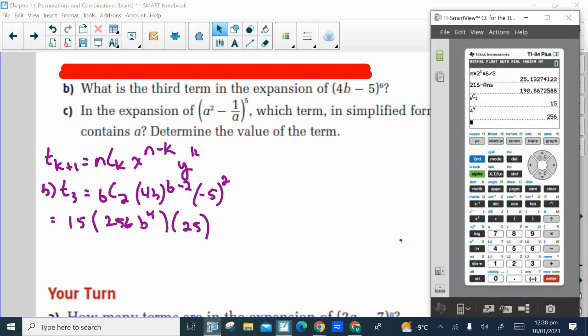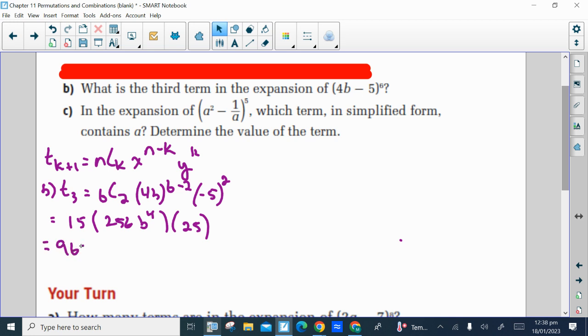So to find out what our coefficient is, we have to multiply the 256 by the 15 and the positive 25. And this gives us a coefficient of 96,000 b to the fourth. Right? So there's your answer to part B, the third term in that expansion.